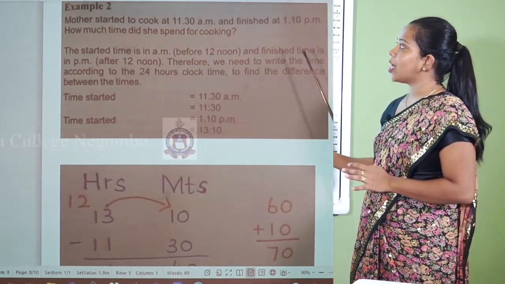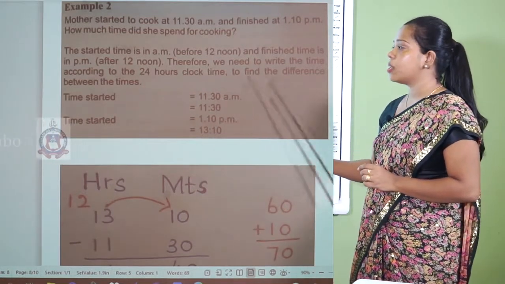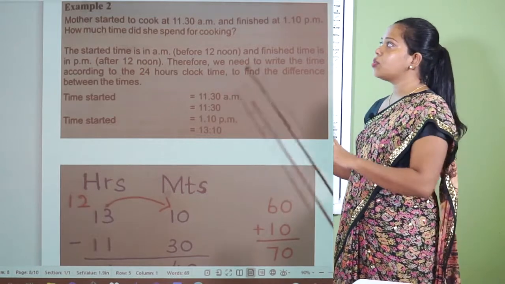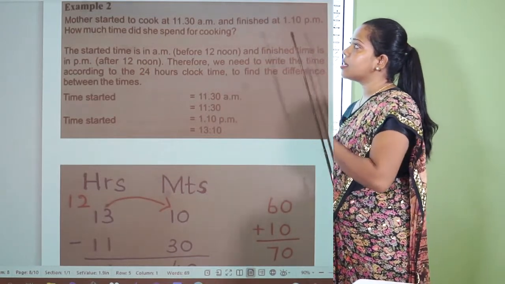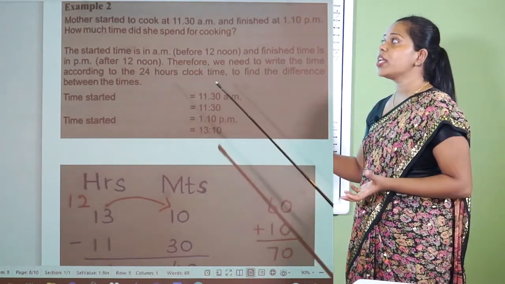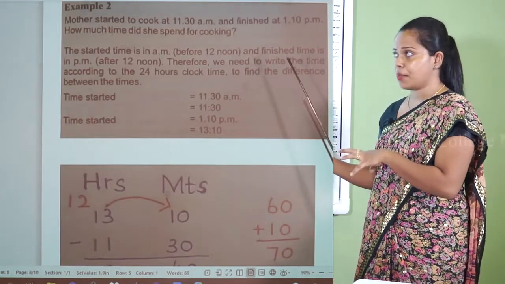Therefore, we need to write the time according to the 24-hour clock time to find the difference between the times. You need to convert these times. These are given in analog, that means 12-hour clock time. You need to convert these times into 24-hour clock time, digital time.